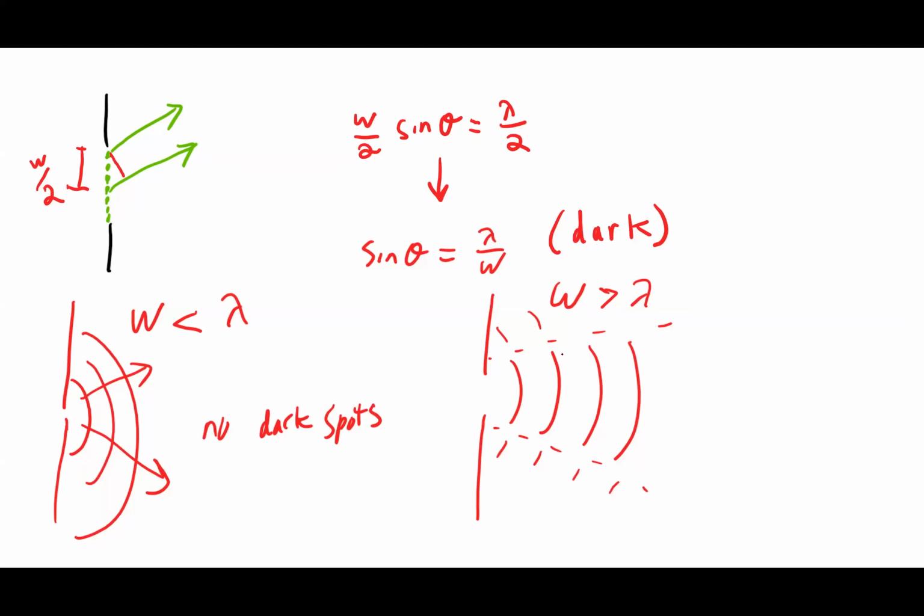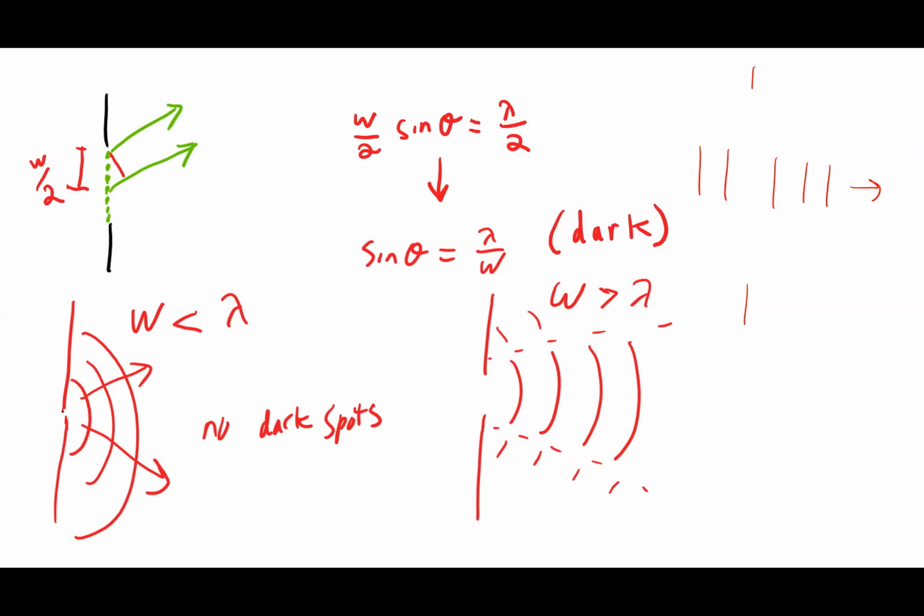The kind of limiting factor we can think about here is if I made the slit really wide, then it would be just like shining a flashlight in a hallway. The beam would pass straight through, nothing would bend, and I just have a spot of light the same size as my flashlight beam. If I make the slit very, very small, then it behaves like a point source.